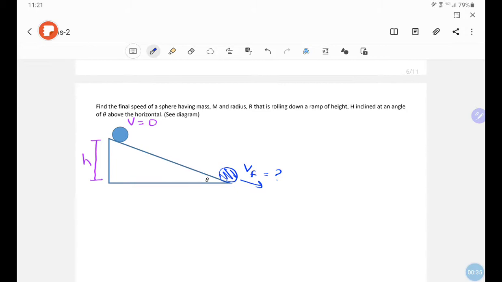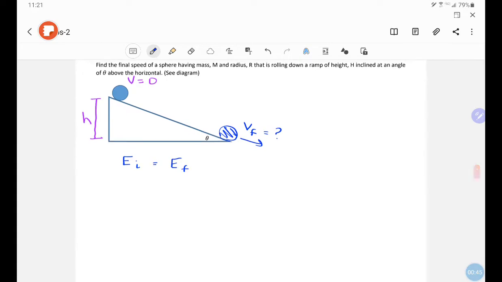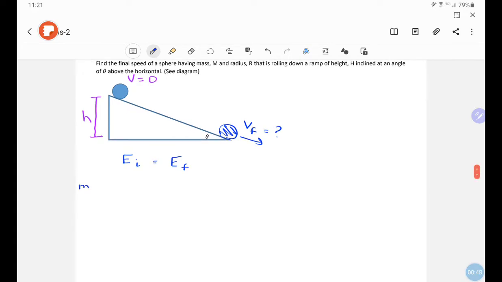So if I write out my energy equation, recall initial energy equals final energy here. We have mgh plus, let me back up for a moment and write it out a little bit more explicitly.